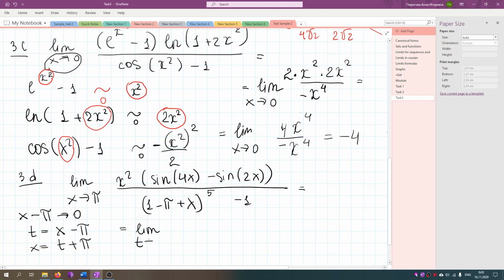So here we have t. x squared will be replaced by t plus pi in the second power. Instead of x, we will write t plus pi, multiplied by t plus pi.